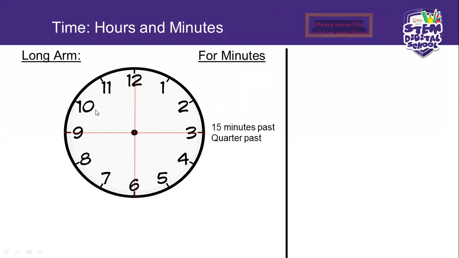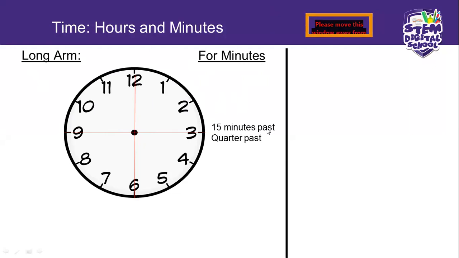Okay. So there, that is our long arm which tells us about the minutes. So when our long arm is here at 3, remember we said it's 5, 10, 15. You can say it's 15 minutes past.